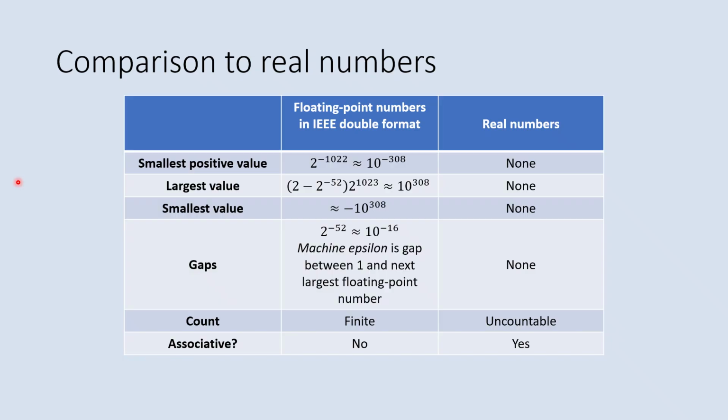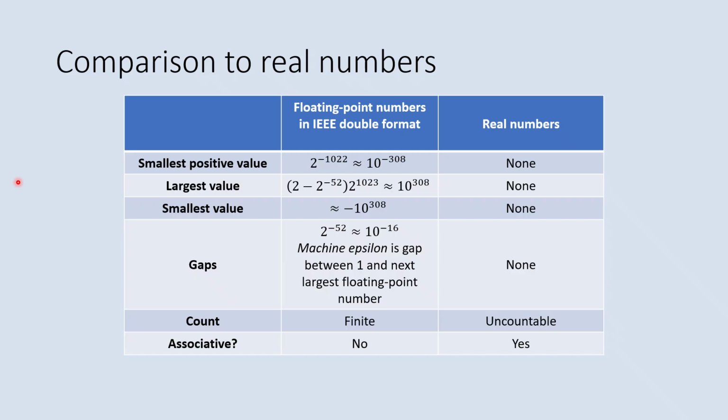Now, gaps between numbers. Machine epsilon is the name of the gap between 1 and the next largest floating point number. And in the double format, that number is 2 to the negative 52nd power, which is about 10 to the negative 16th power.